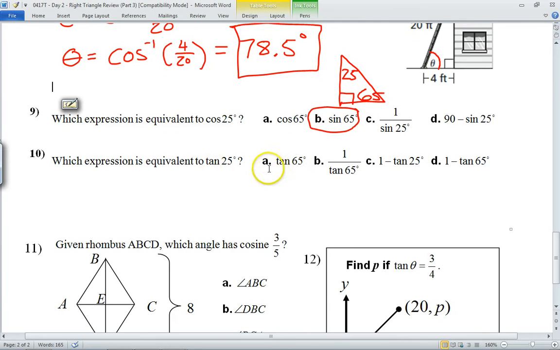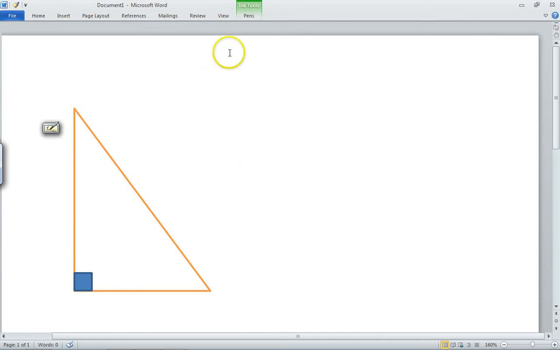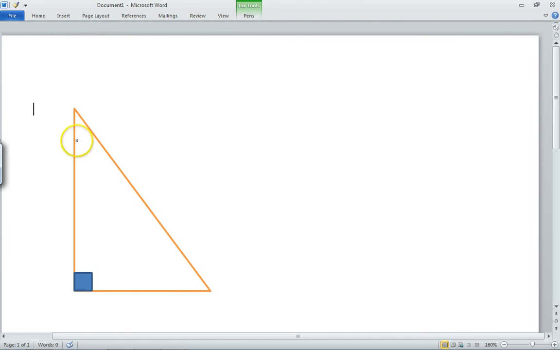But this time we're dealing with tangent, so we have to be a little bit more careful. So let's take a look more closely. Let's say this is our 25-degree angle and this is our 65-degree angle. Let's call this X and let's call this Y.